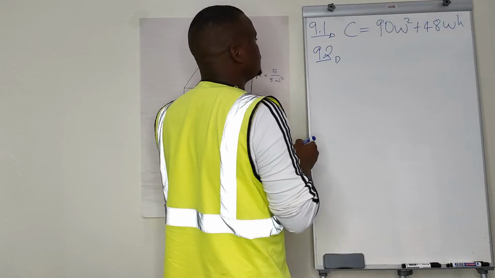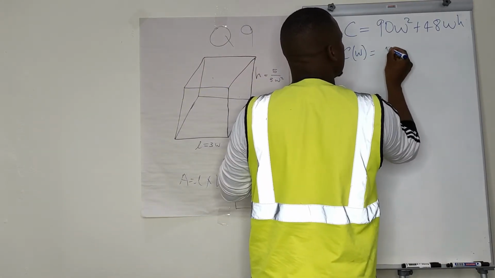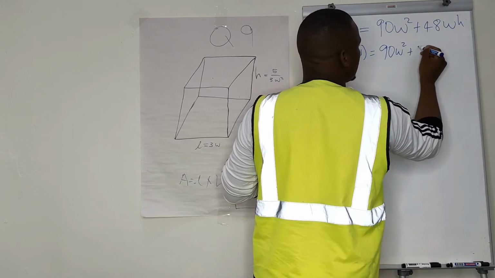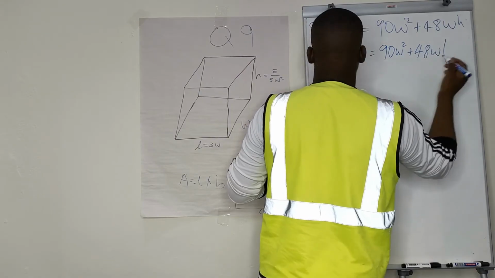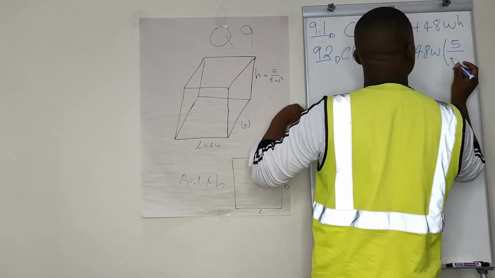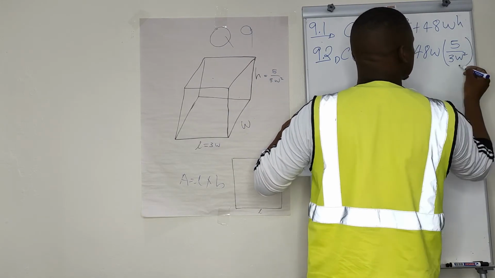So cost as a function of w is equal to 90w squared plus 48wh. What is our h? It is 5 over 3w squared.